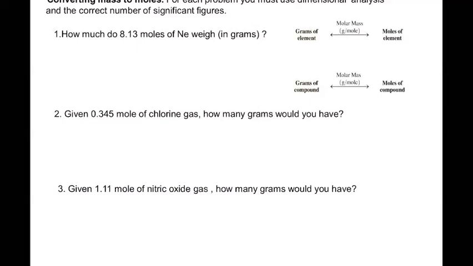So on each of these problems, we were given moles, but we needed to find grams, okay? So in the first one, how much do 8.13 moles of neon weigh in grams?